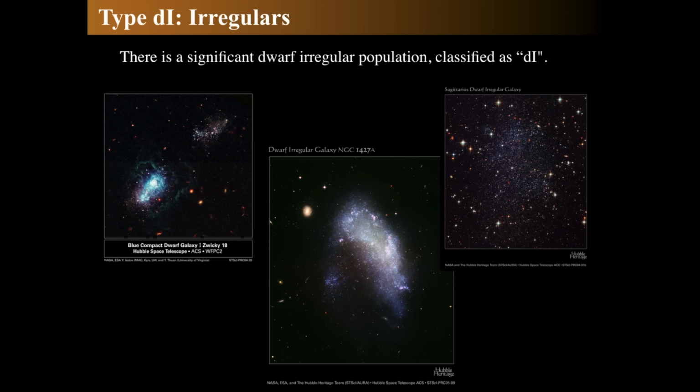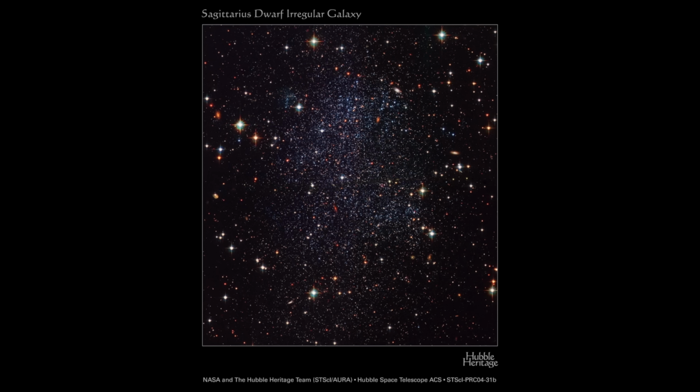And they're almost impossible to image because they're compact, dim, small, and difficult to observe. As you can see from these things, they're practically not even there. And the Sagittarius Dwarf Irregular Galaxy orbits our Milky Way, and it's so gossamer that you can see through the galaxy to the other side.